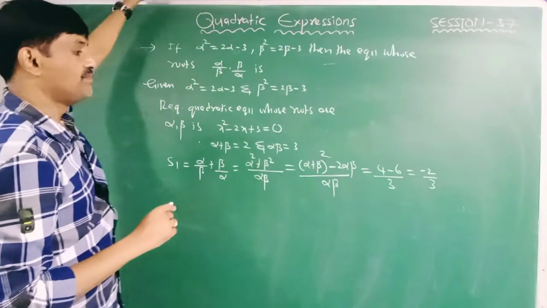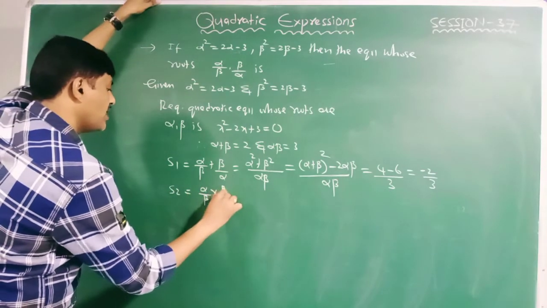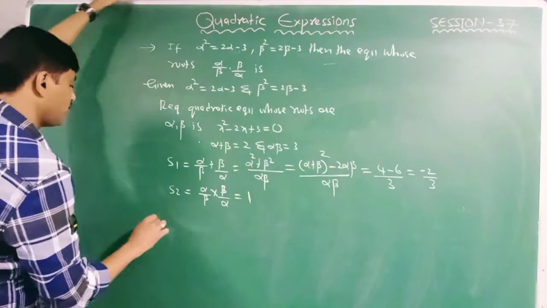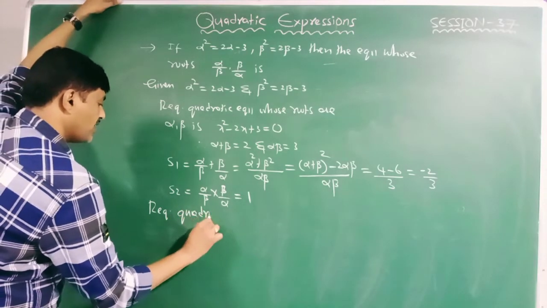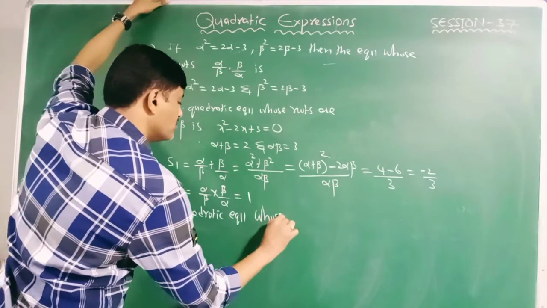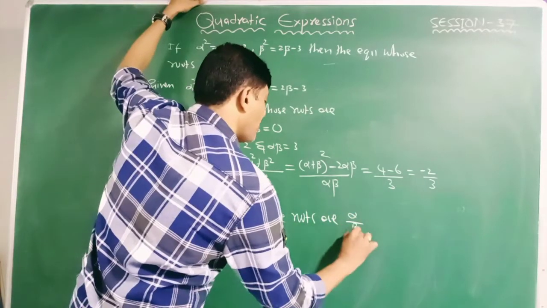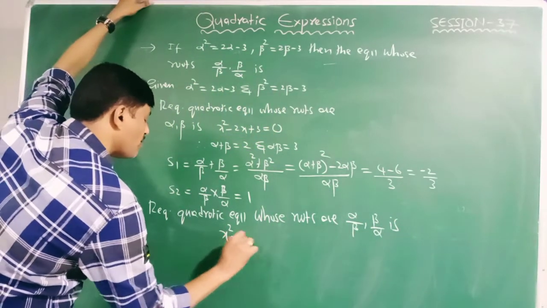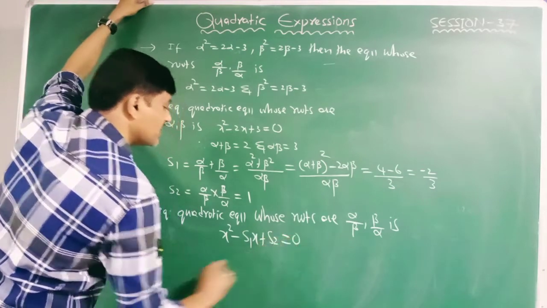This is S1. Again we have to find S2. You know very well, product of the roots alpha by beta into beta by alpha is clearly equal to 1. Therefore, the required quadratic equation whose roots are alpha by beta comma beta by alpha is x square minus S1x plus S2 is equal to 0.